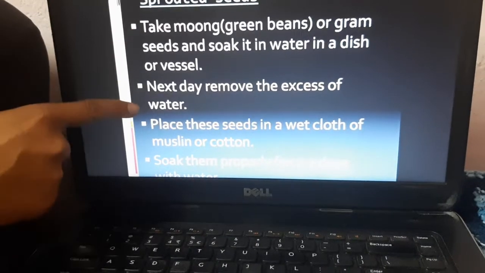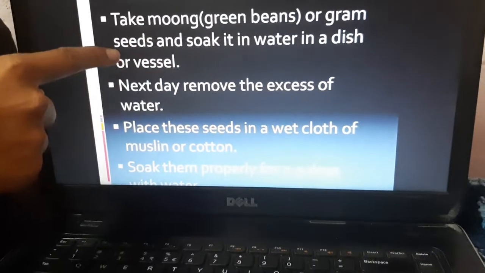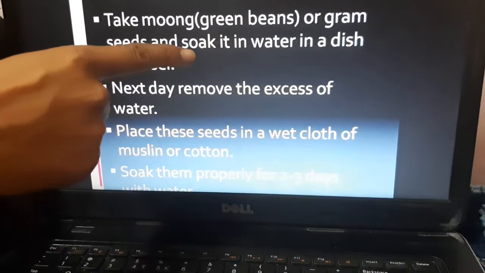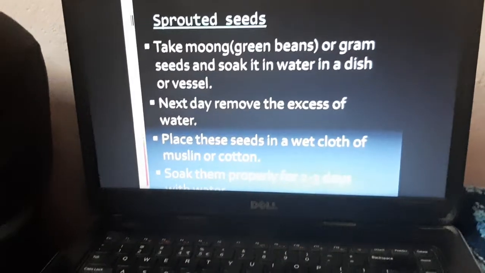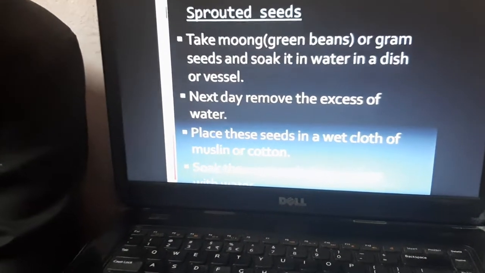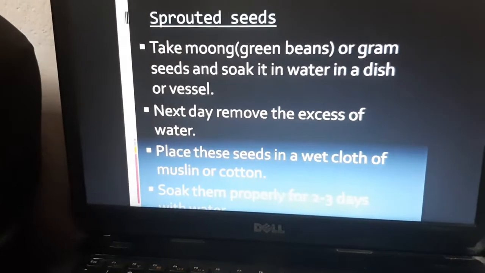This is the activity. When we soak these pulses and seeds in water in a vessel, after the next day these seeds get fermented.